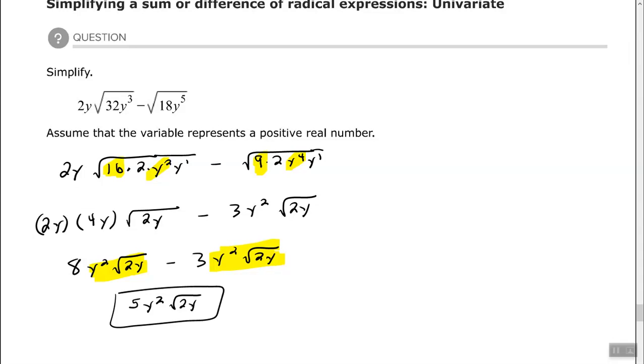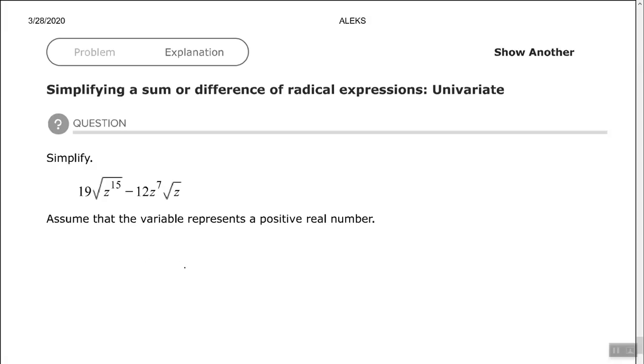Alrighty, let's look at one more of these. Okay, so this one we have 19 times the square root of z to the 15th minus 12 times z to the 7th times the square root of z to the first.